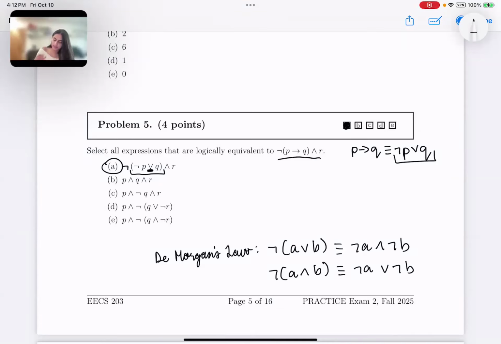Okay, so going along with that, we can use De Morgan's law to apply to the expression inside of the parentheses.